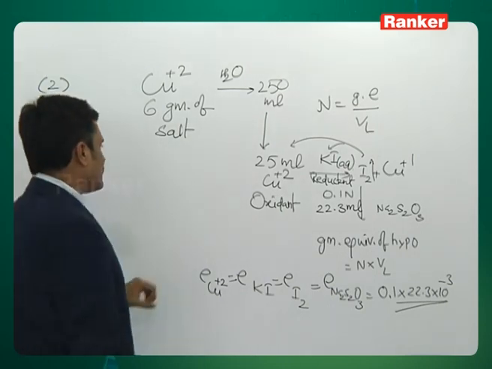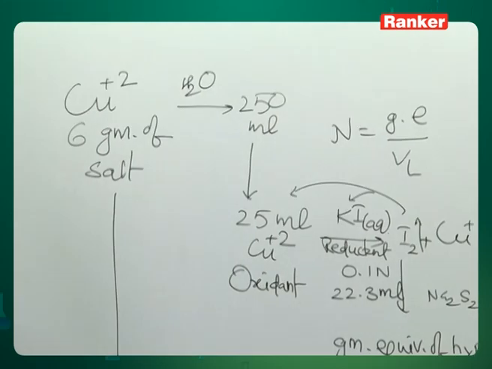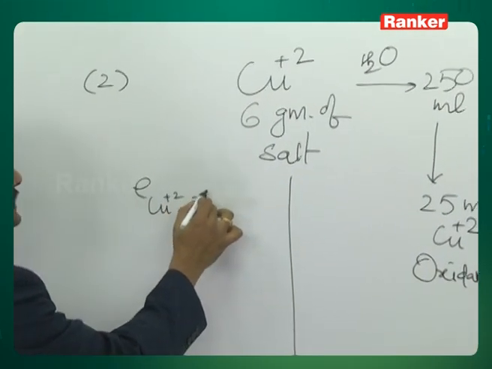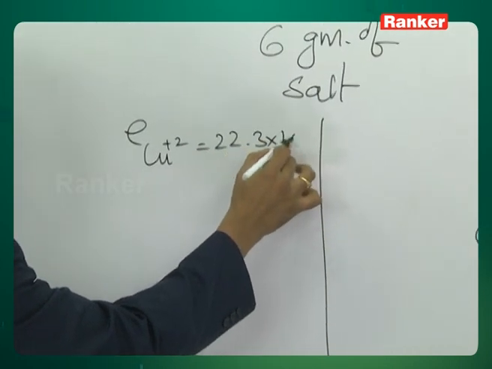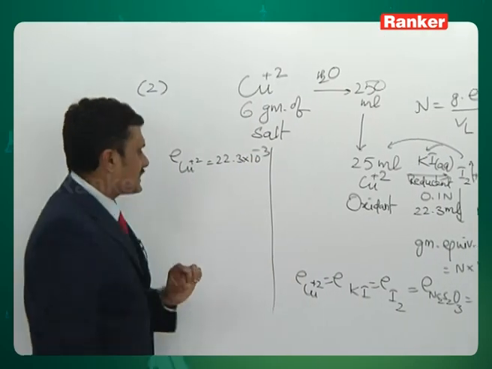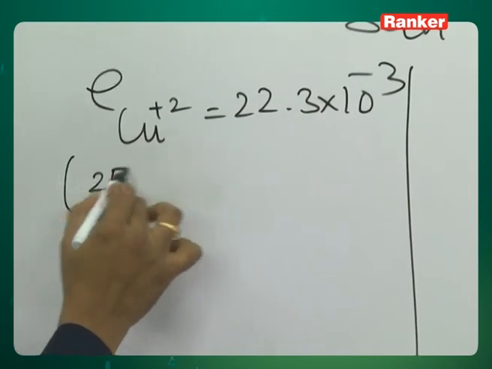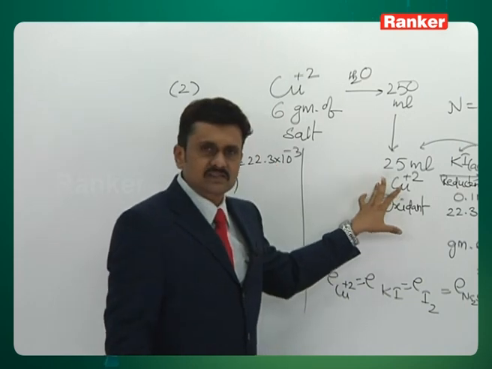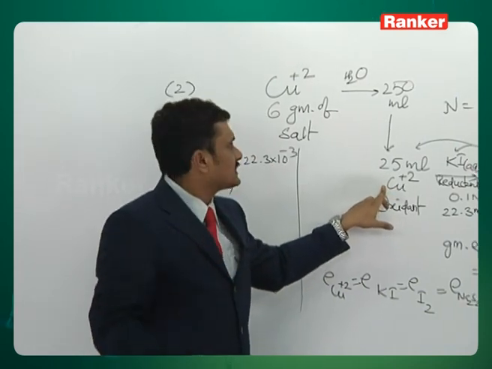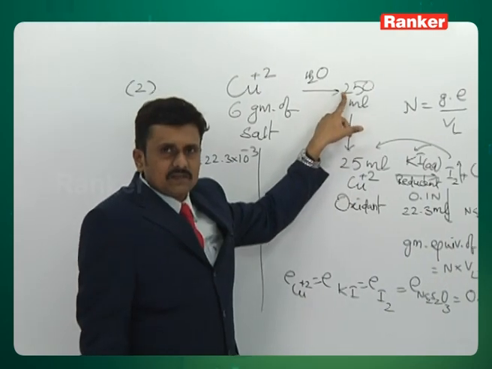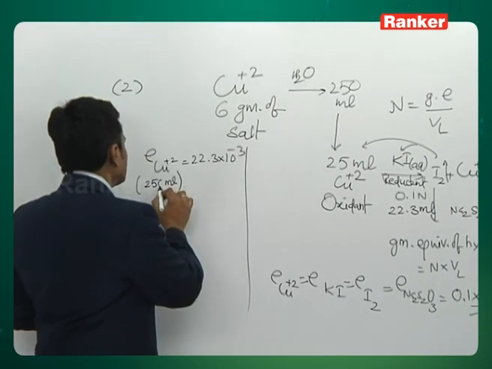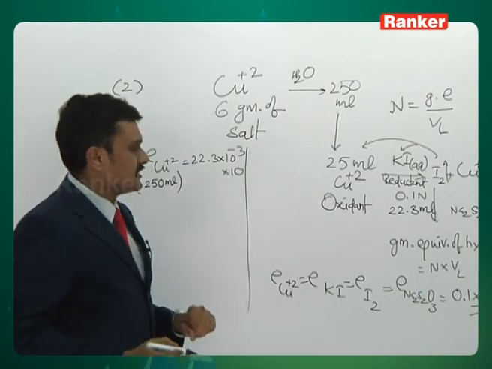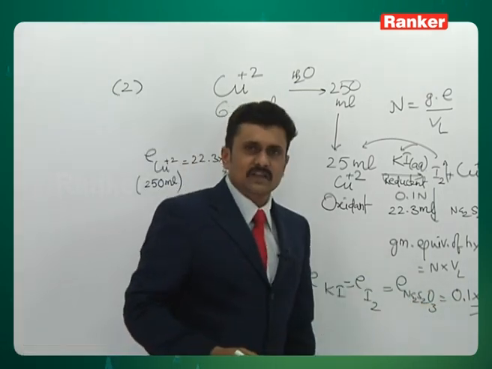+2. Hence finally you would say that the number of gram equivalents of copper +2 is 22.3 into 10 power minus 3. But please notice, my dear student, that these are the equivalents present in 25 ml of the solution, because the reaction that you had done initially is for 25 ml, and when you are calculating the gram equivalents for 250 ml, obviously you have to multiply this with 10, where your 0.1 vanishes.